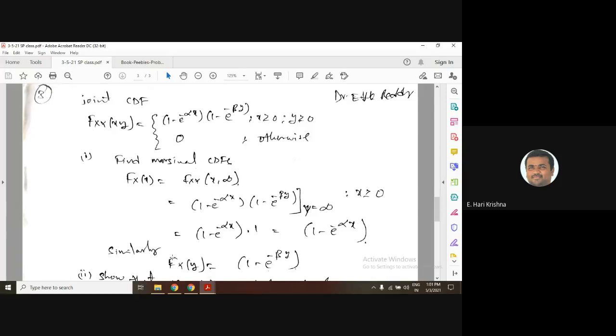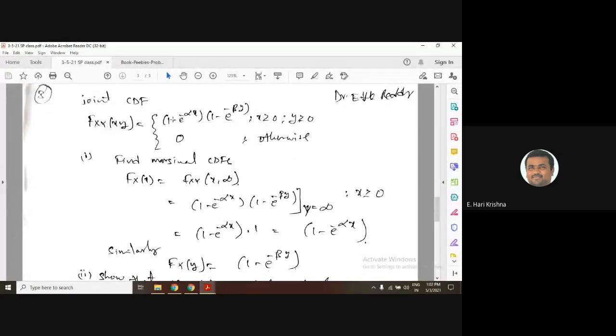So one or two questions are there. Find the marginal CDFs from the properties of the CDF. Fx of x is equal to Fxy of x comma infinity. Let's substitute infinity in place of y. You will get the marginal distribution function.